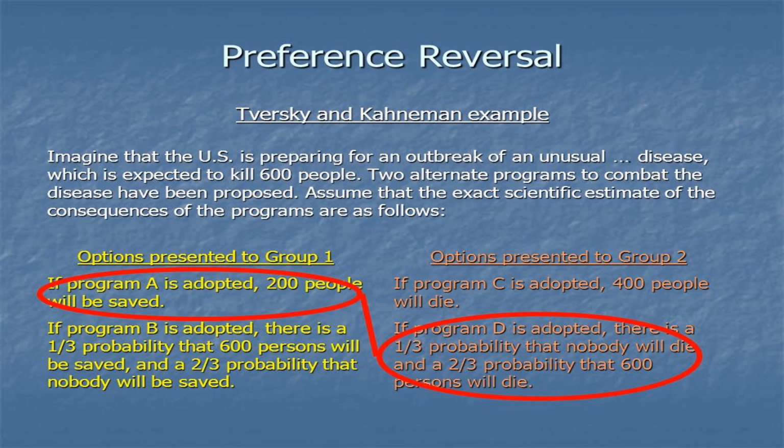Note that that's the same as program A. It's just stated in a different way: 400 people dying versus 200 people will be saved. If program D is adopted, on the other hand, there is a 1/3 probability that nobody will die and a 2/3 probability that 600 persons will die.